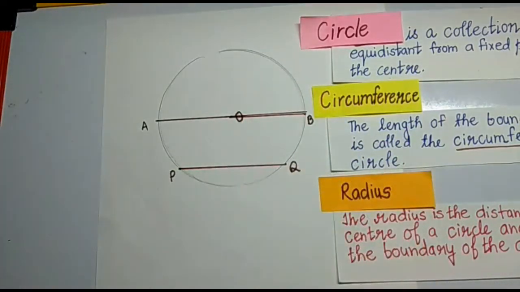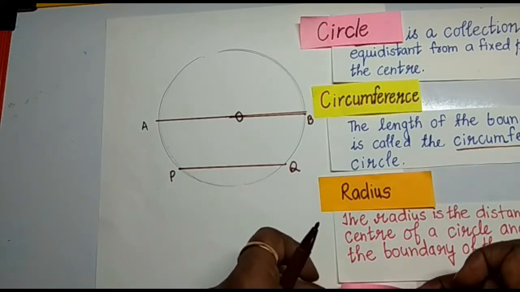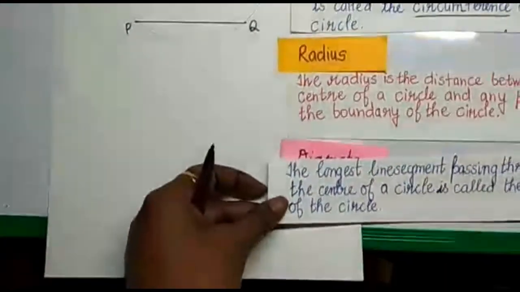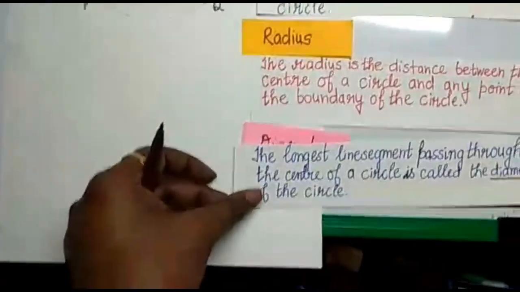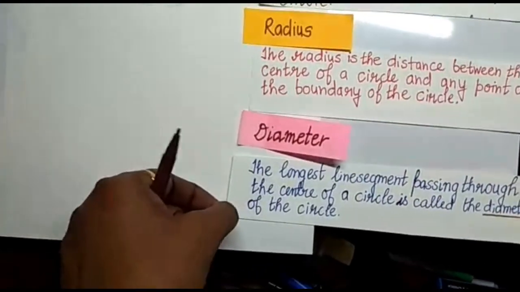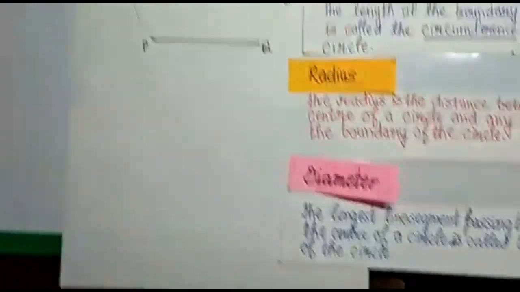So the chord which is passing through the center is known as the diameter of the circle. The longest line segment passing through the center of the circle is called the diameter of the circle.